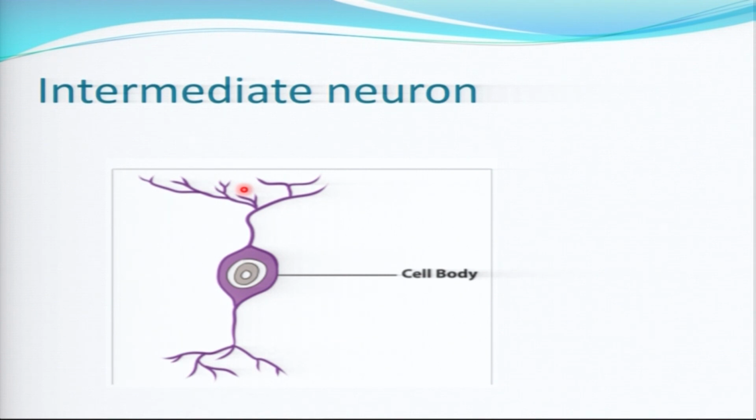So how are they different? This sensory, we have seen that they do carry information from receptor cells to the what? To the central nervous system. If you have any problem on your body, that problem is going to be received by sensory receptor and then sent to the brain, so that the brain can respond to you.